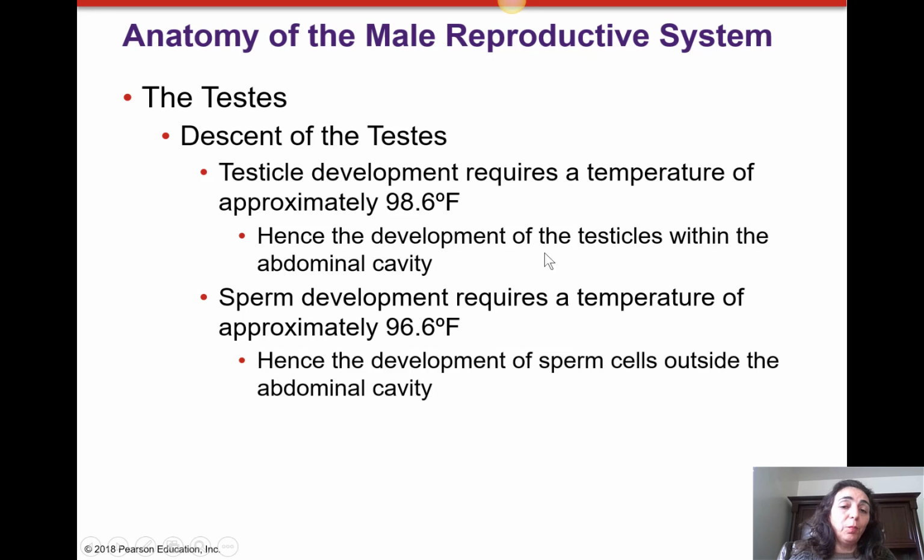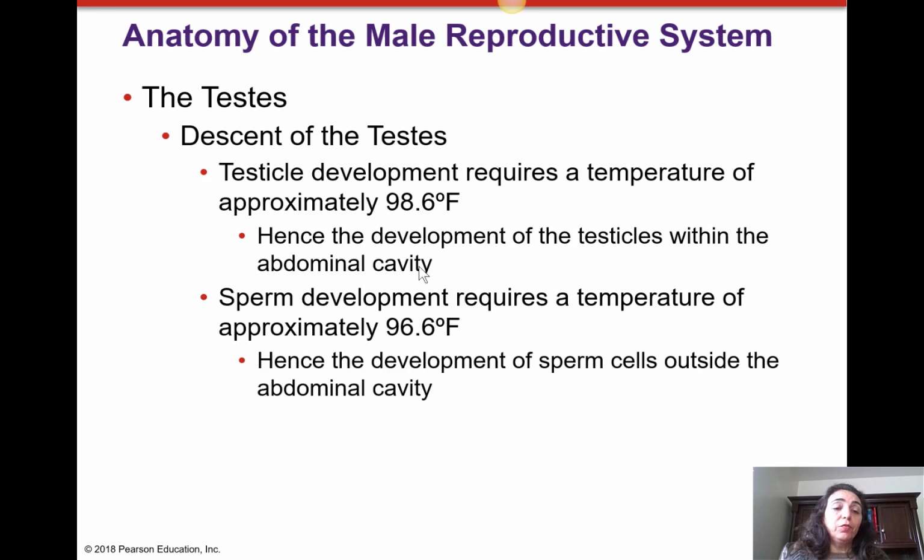Therefore, the development of the testes happens inside the abdominal cavity, where we have the core temperature of the body, the usual internal temperature, 98.6 degrees Fahrenheit or 37 degrees centigrade.